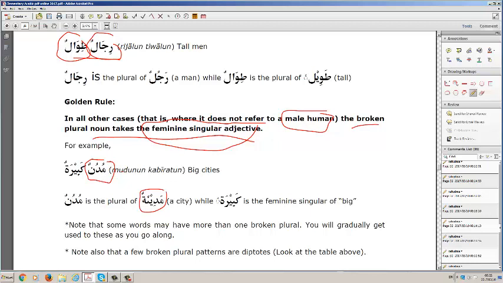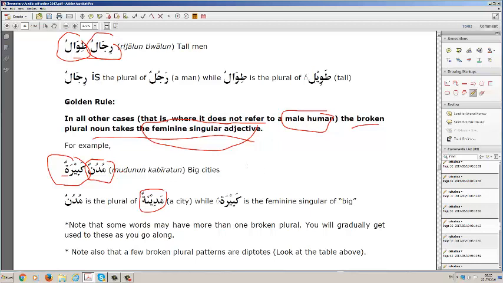However, now look at the adjective. Two things about the adjective. Number one, the adjective is feminine, kabira. Okay, kabira, not kabir, kabira. And this is in line with what we stated in the previous lesson, that the adjective of non-human nouns, and cities, of course, are non-human nouns, is normally in the feminine.